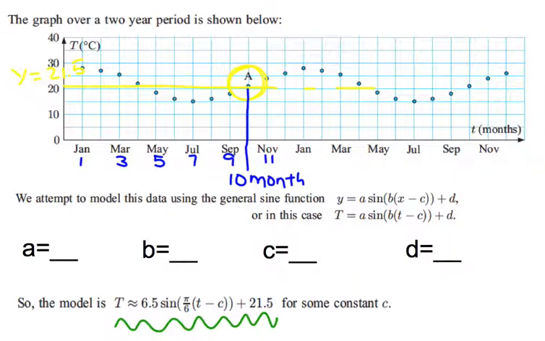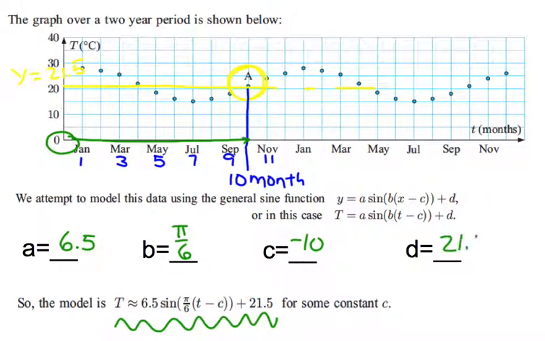If here's 0, 0, and we're going to the right 10 months, what is our C going to be? Negative 10, yep. So our A value was our amplitude, 6.5. Our B value was pi over 6. Our D value was moving up 21.5 units.